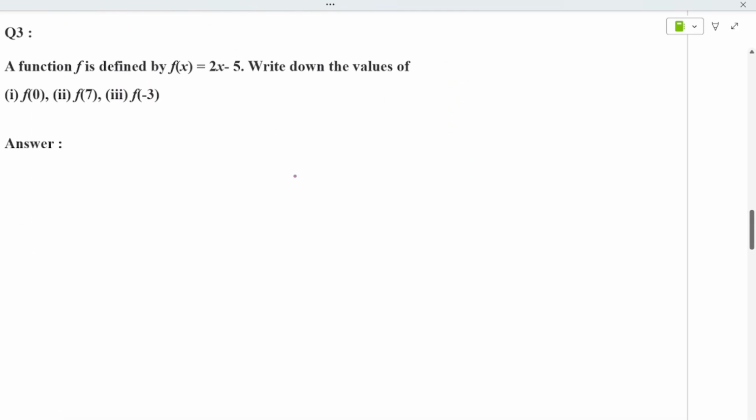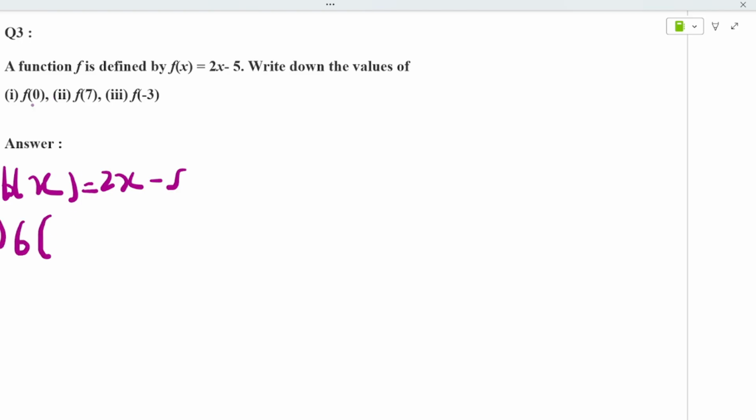Okay, now if we see the third question, a function is defined by f of x is equal to 2x minus 5. Now we have to find the f of 0 value. See, it is the easiest of all.